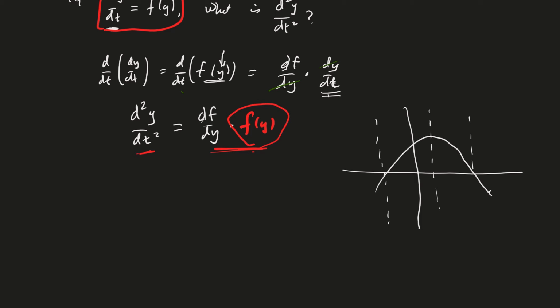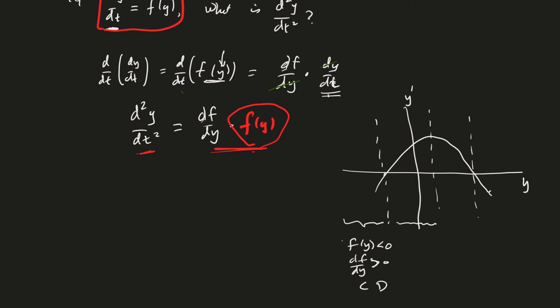And I'm going to be cutting up the positions where either f changes sign or df over dy changes sign. So in this region, we have that f of y is negative and df over dy is positive. So therefore in this region we have concave down.